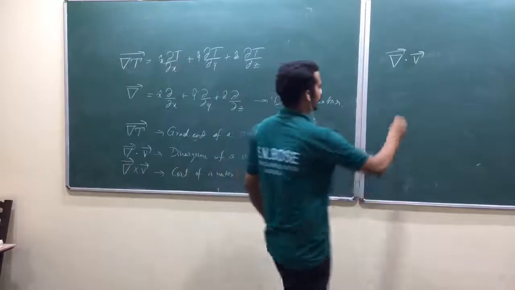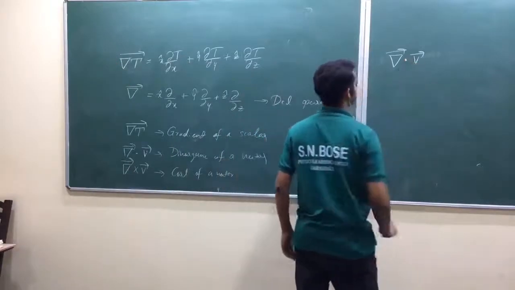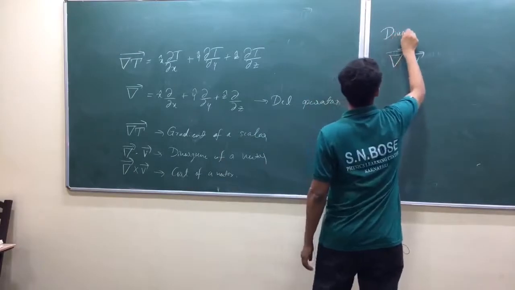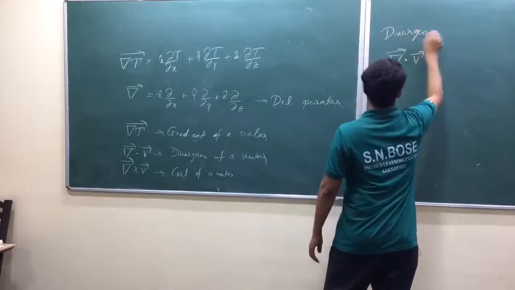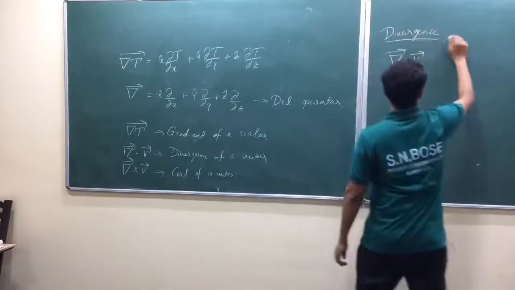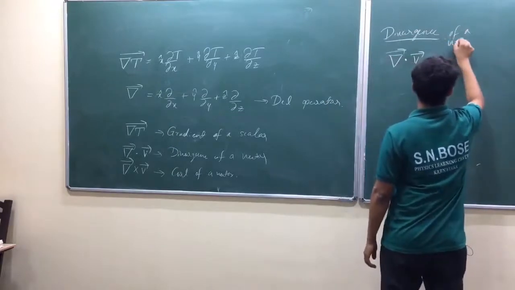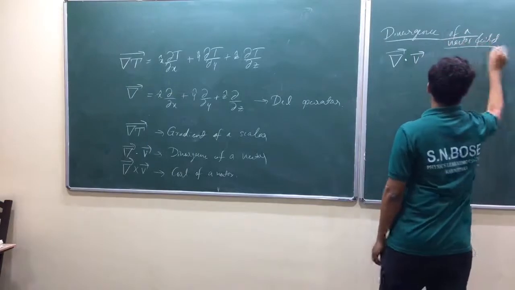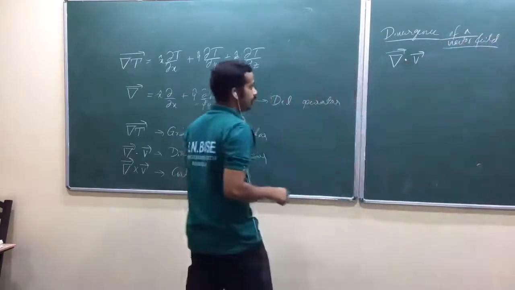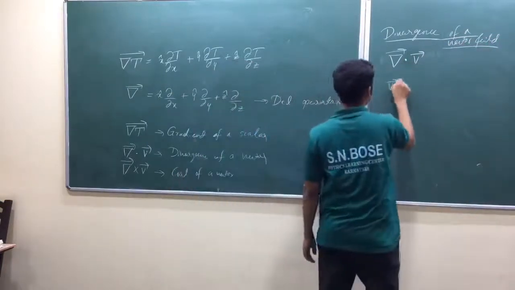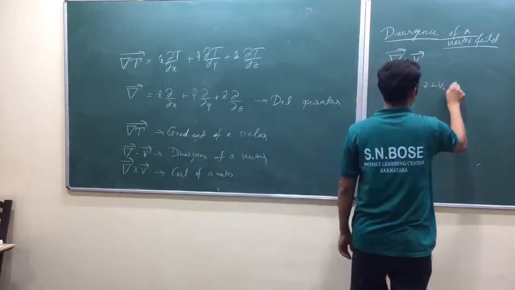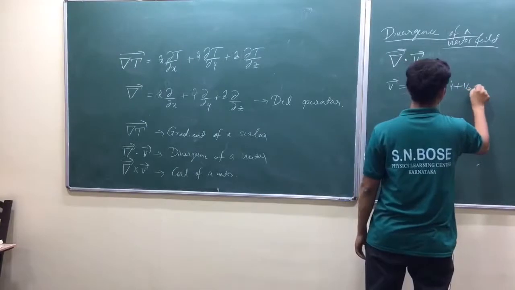So del dot v vector. We call this divergence, the divergence of a vector field. Now let me take that vector in Cartesian coordinates: Vx x cap plus Vy y cap plus Vz z cap. Am I right?